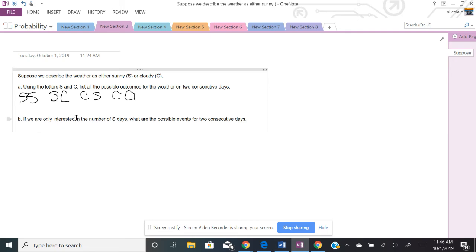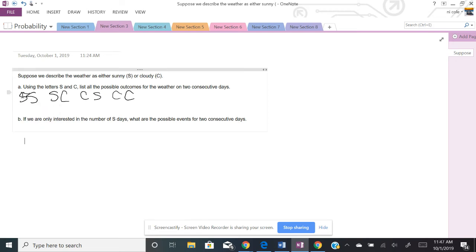Okay. So if we are interested in the number of S days, what are the possible events of 2 consecutive days? So they want to know how many days it's sunny. Sorry, that was wrong.